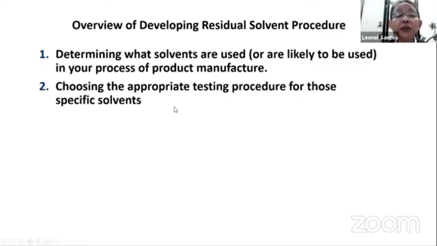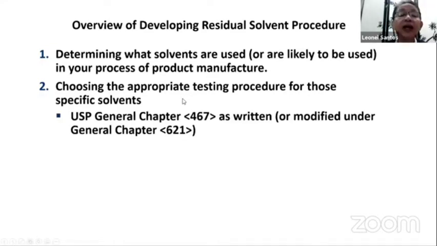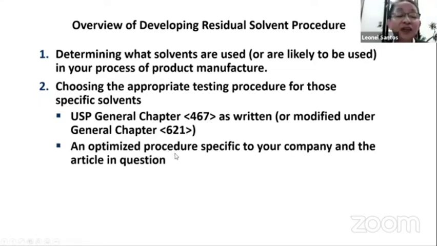You need to choose the appropriate testing procedure for those specific solvents. Either you use what is prescribed in the USP General Chapter 467 as written, but you can modify them, or you can come up with your own method of residual solvent analysis.